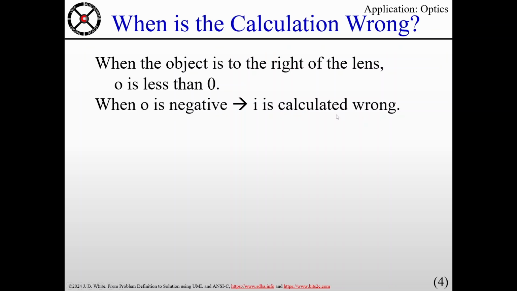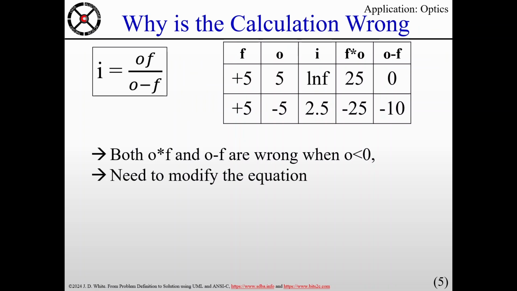So we now have to try to think about how to fix it. Our first job is to look at this equation. I equals OF over O minus F. Here's a few examples. We get some negative F times O minus F. What happens in this calculation if we're on the one side?